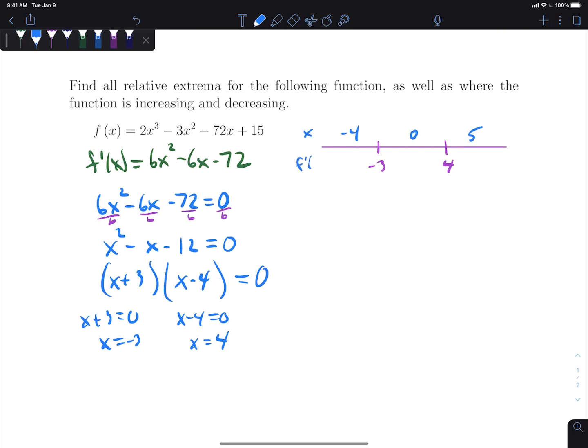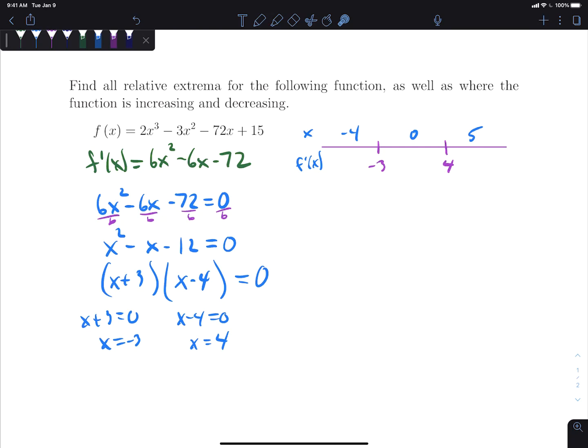Then we're going to plug those into f prime to determine if this is positive or negative. Now plugging in negative 4: negative 4 squared times 6, minus 6 times negative 4, and then minus 72.